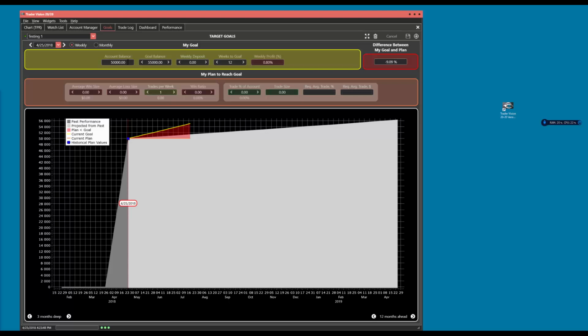This account goals section, the goals tool, has 3 sections. It has my goal, where you set longer term goals. It has the plan to reach the goals, which are in themselves, you could call them goals, but it's actually a plan to reach the goals.